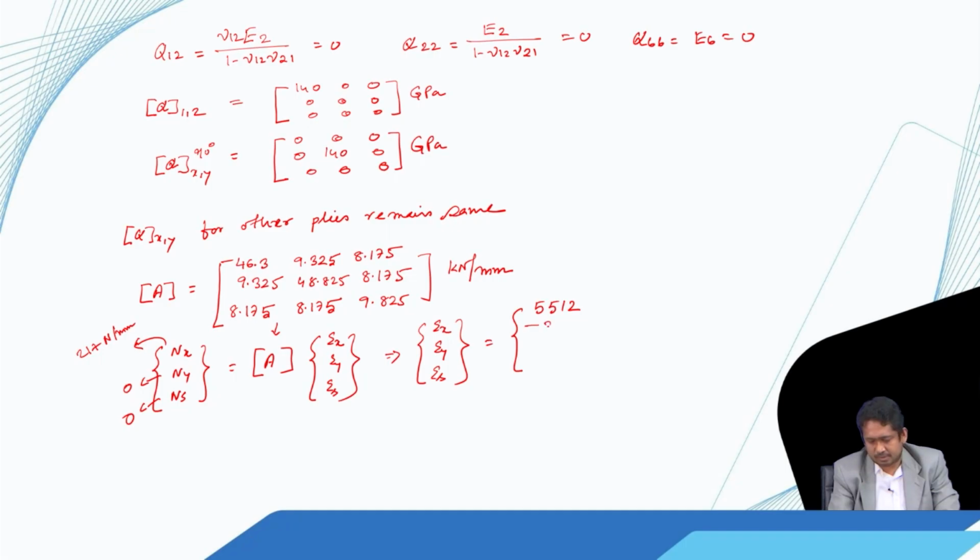5512, minus 326, minus 4340 into 10 to the power minus 6. Now, let us look into the individual plies. So, let us look into plies 1 and 6, and these are 0 degree plies.